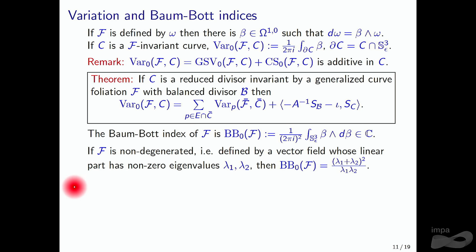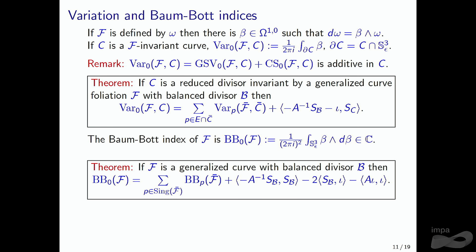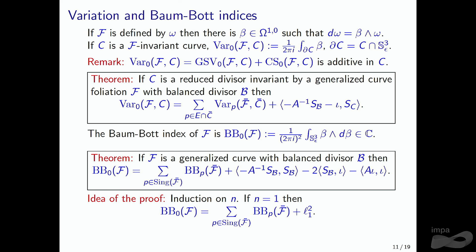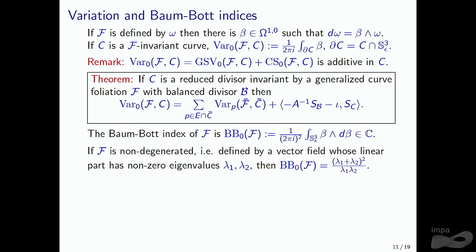What is well known is if f is non-degenerate, defined by a vector field whose linear part has non-zero eigenvalues, then the Baum-Bott index is just the trace square over the determinant. Sorry, the trace square over the determinant. So when we arrive at non-degenerate singularities, the Baum-Bott index is easy to compute.